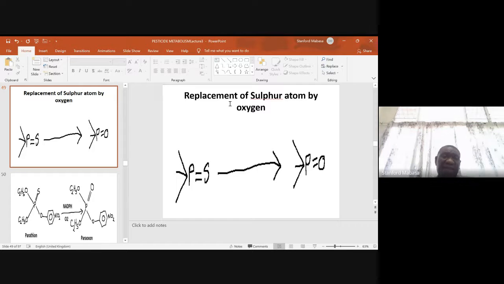We also have a replacement of sulfur atom by oxygen, where you have the organophosphate. This is not sulfoxidation, but simply a replacement of sulfur by oxygen.